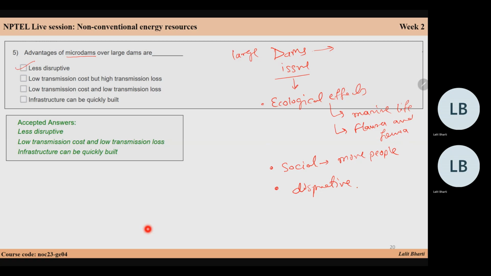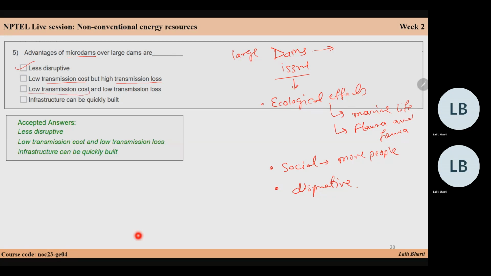So since they include transmission cost and transmission losses, because micro dams don't need large grids, they come with low transmission cost.